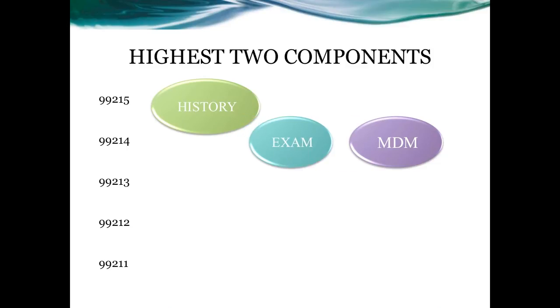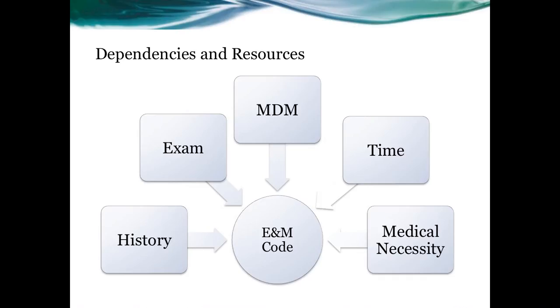Okay, under medical decision making, exam, history, the E&M code is going to depend upon what level they pick. You also have the resource you can pick of time. If time gives you a higher level visit based off of documenting more than half of the visit was spent counseling and a coordination of care, that's a different webinar.